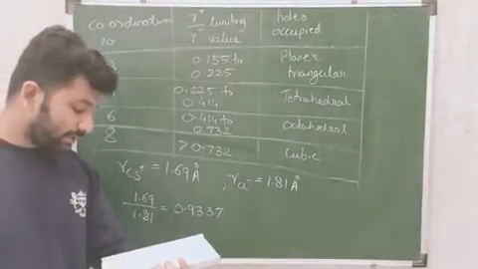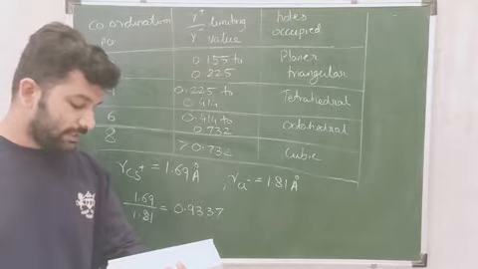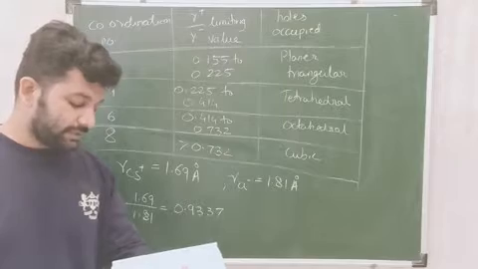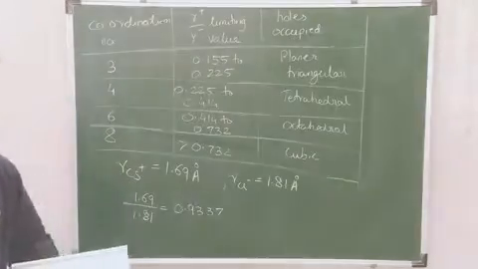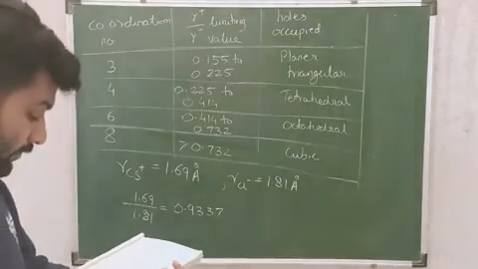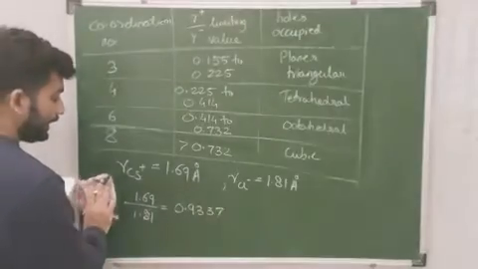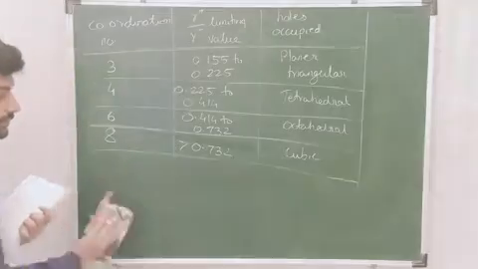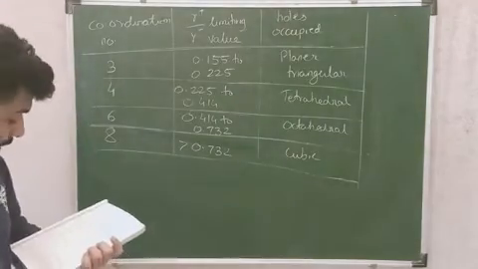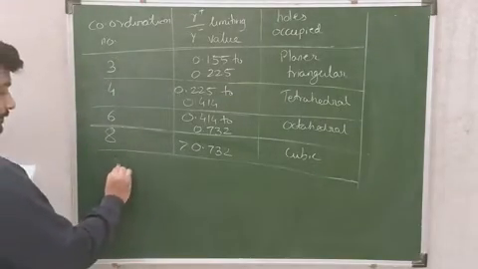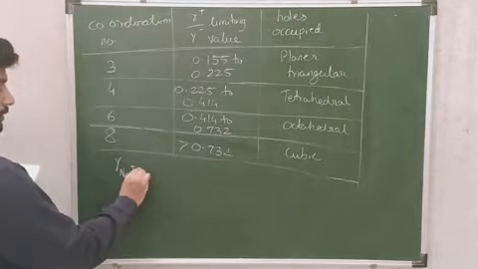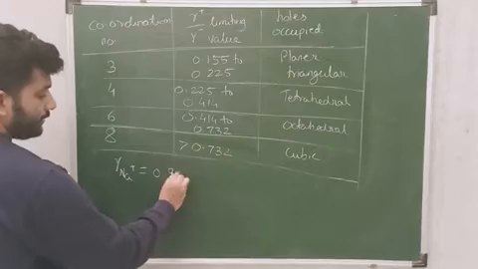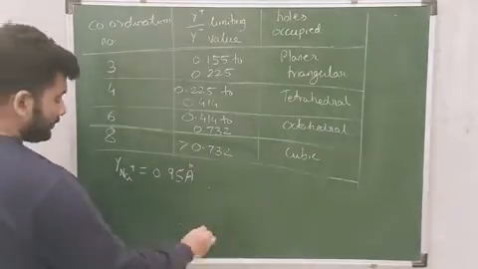Predict the coordination number of Na plus ion and the structure of the NaCl crystal if the radius of the sodium ion R Na plus is given to us as 0.95 Angstrom, and R Cl minus is 1.81 Angstrom, which we knew previously.